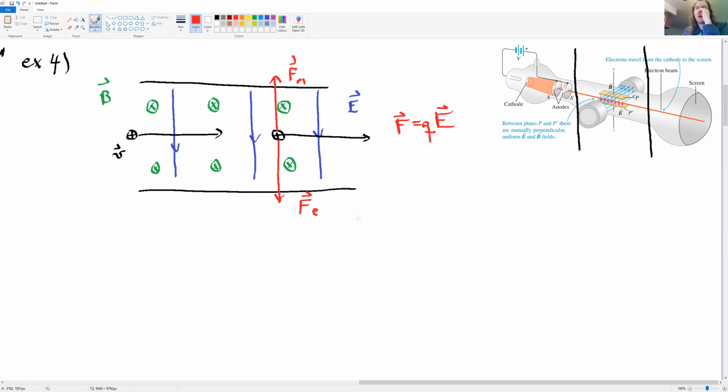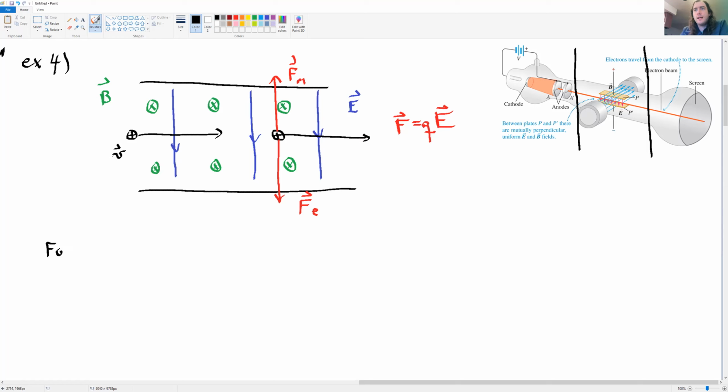Well, look at that. We have opposite forces here. We can make them equal. And if we make them equal, what that means is that these charged particles will go straight through and they will not be deflected in any way.